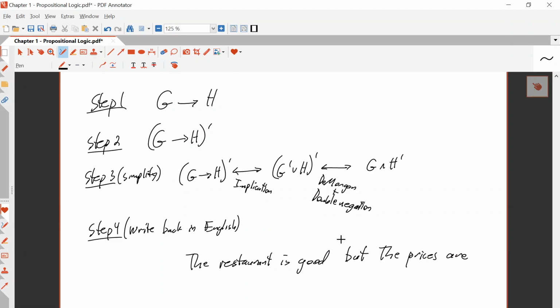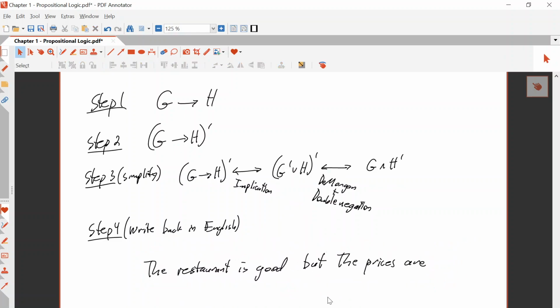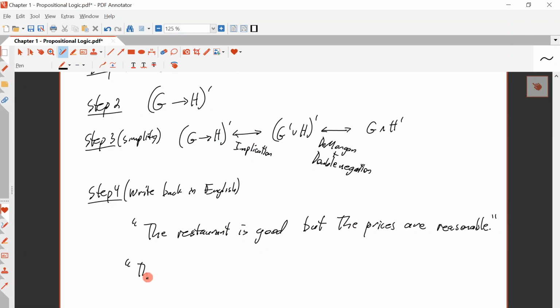Not high could be reasonable. Right, the restaurant is good, but the prices are reasonable. That's the same as saying the restaurant is good and the prices are reasonable.